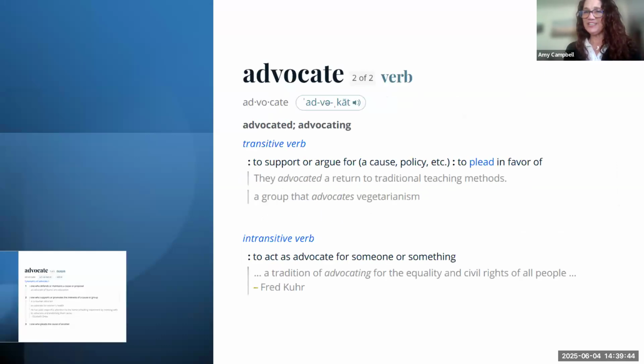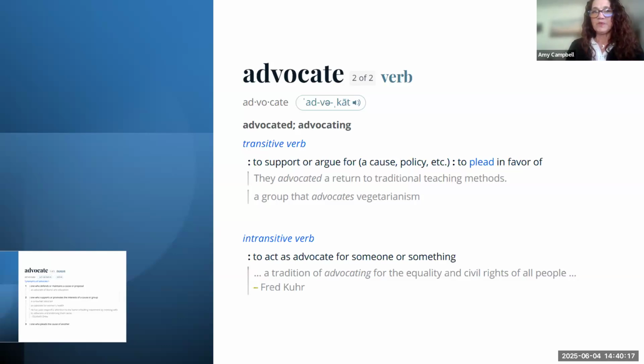I have had some experiences with the Kansas Disability Caucus, and I know that there are people in this organization that are extremely accomplished advocates, and that you have a really strong history of advocating for people with disabilities. As a verb, the word advocate is talking about supporting or arguing for a cause or a policy, to plead in favor of something, or to act as an advocate for someone or something.